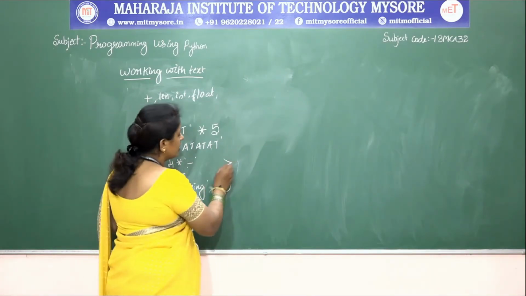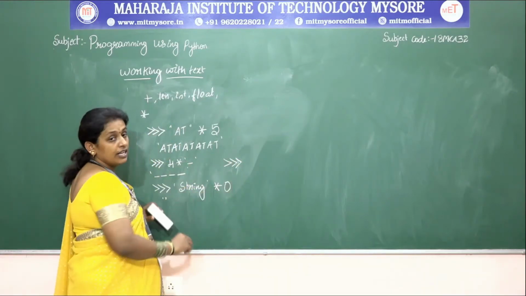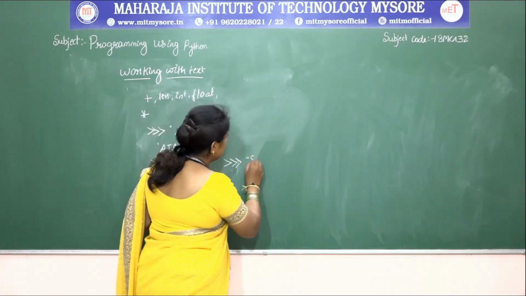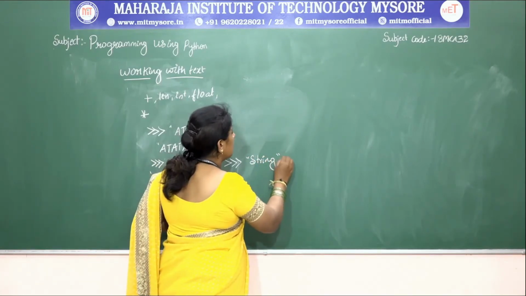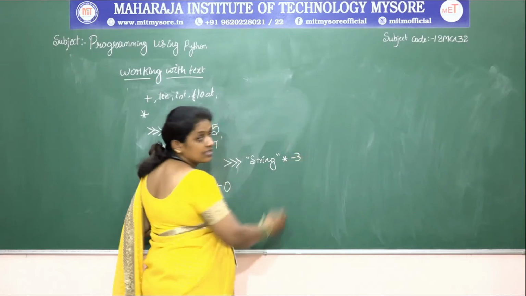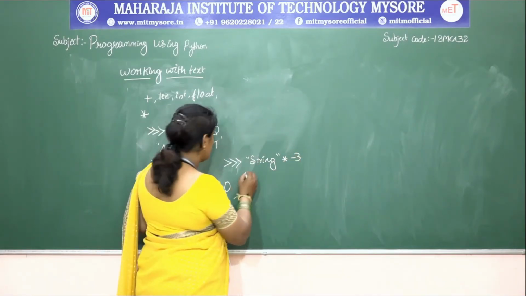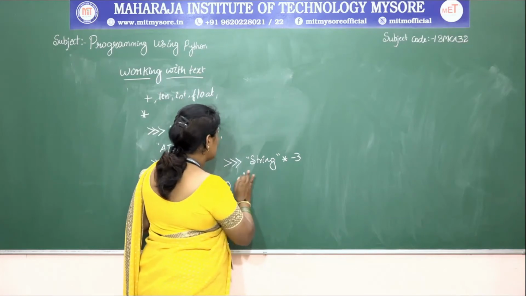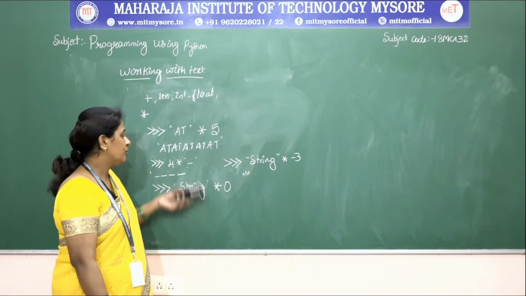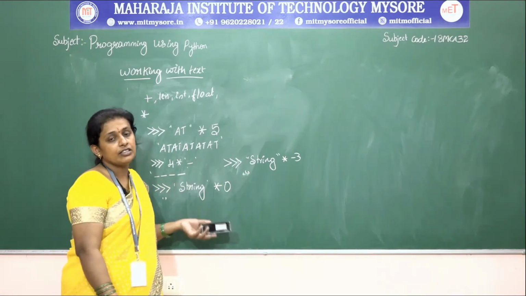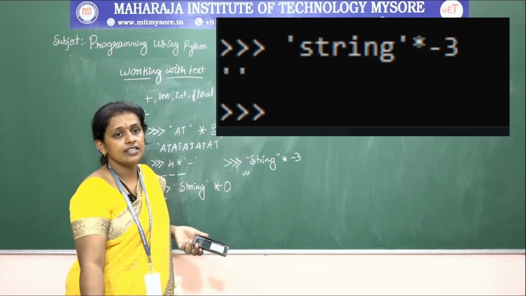So let's give an example with a value less than 0, that is a string multiplied with -3. This time also we get the output like this, an empty string. So when a string is multiplied with a value less than or equal to 0, we get an empty string itself.